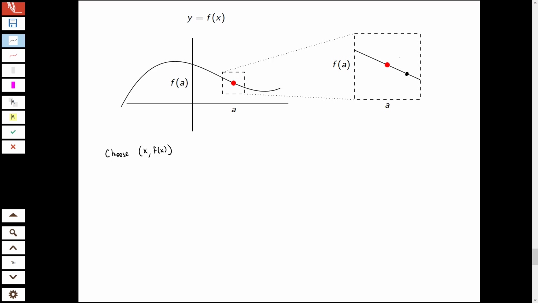It doesn't even have to be the endpoints, but you just choose a point near it. And then with these 2 points, what we can try to do is compute the slope.